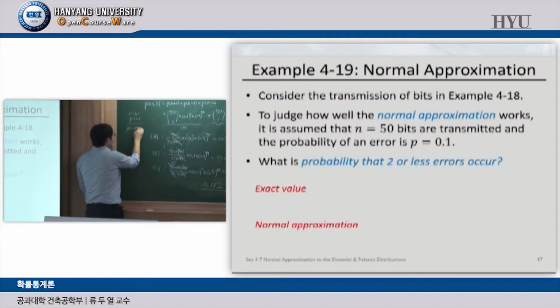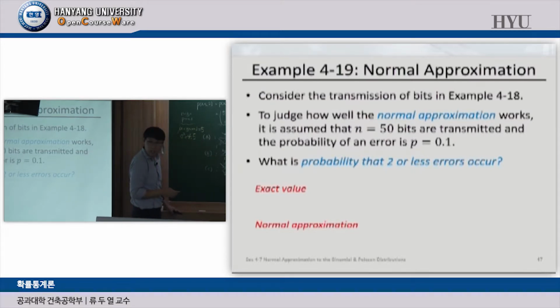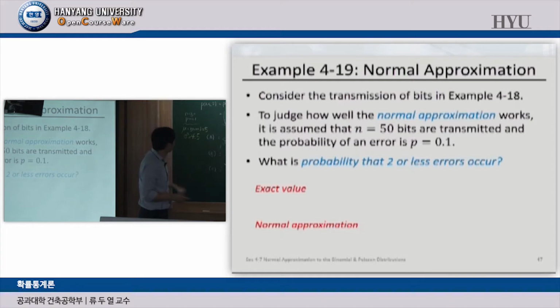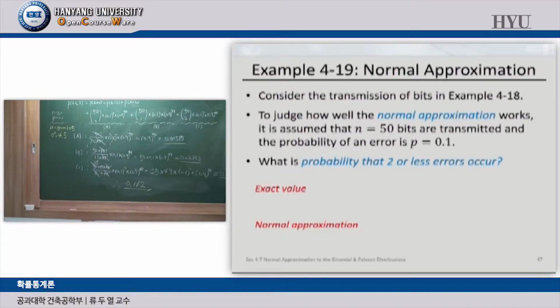Mu is equal to 50 times 0.1, that is 5, right? So sigma squared was 4.5, okay? This is np times 1 minus p. You can simply calculate. So this will be 2.5 minus 5 over root 4.5, okay?